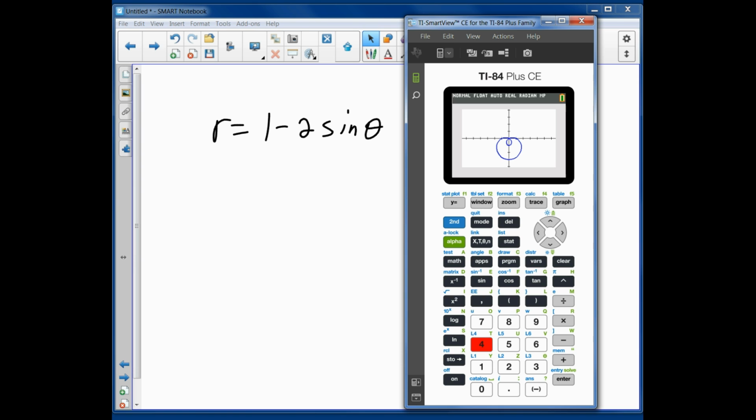Now, what's the hardest part about this? Trying to find alpha and beta. Yeah, finding those points. And guys, this can be tough.